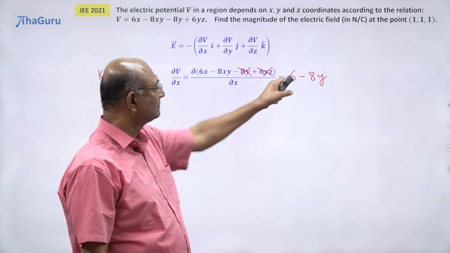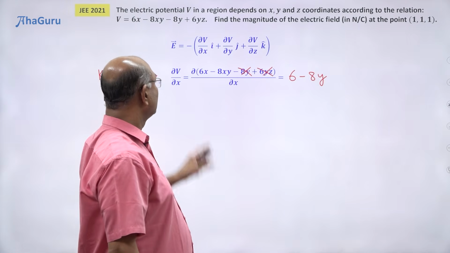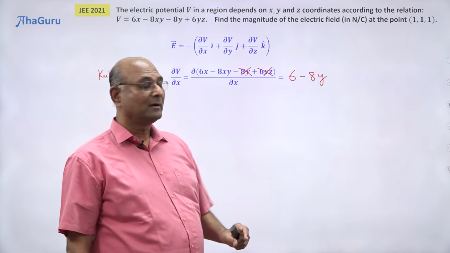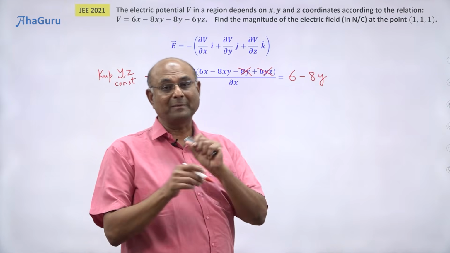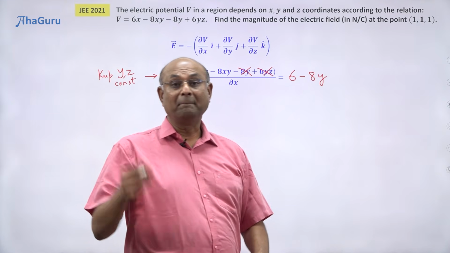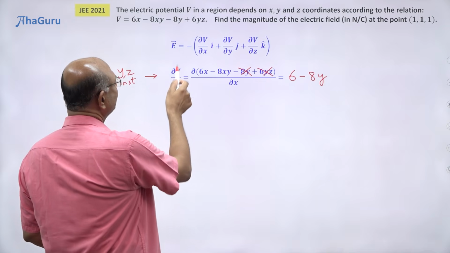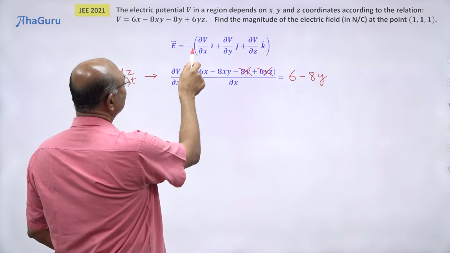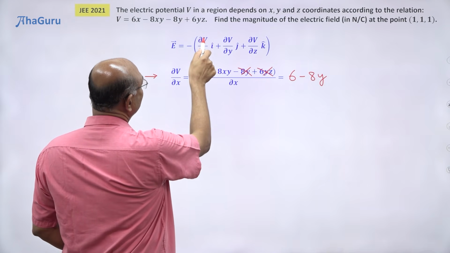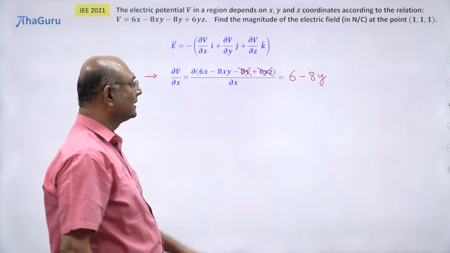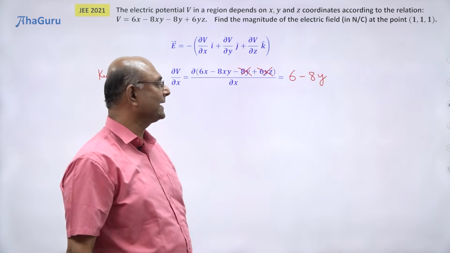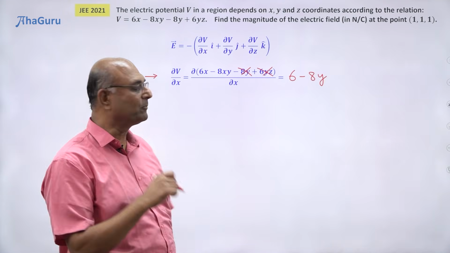Now this is what I found for any value of x, y, z. So this will be minus Ex. Why minus? I've just found dou V by dou x. Ex will be minus of the dou V by dou x component, right? So this will be minus Ex, the x component.